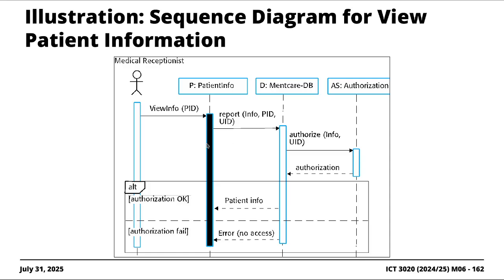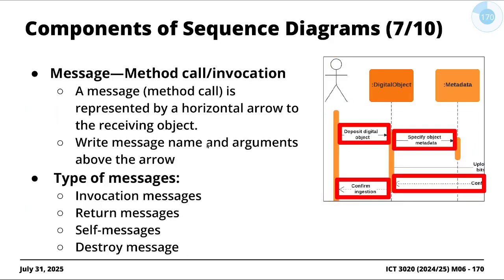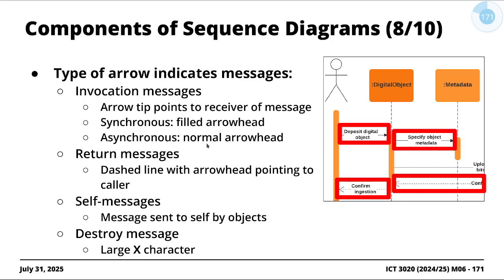So you have invocation messages, return messages, self messages, and destroy messages, right? So the type of arrow will indicate the type of message you're dealing with.